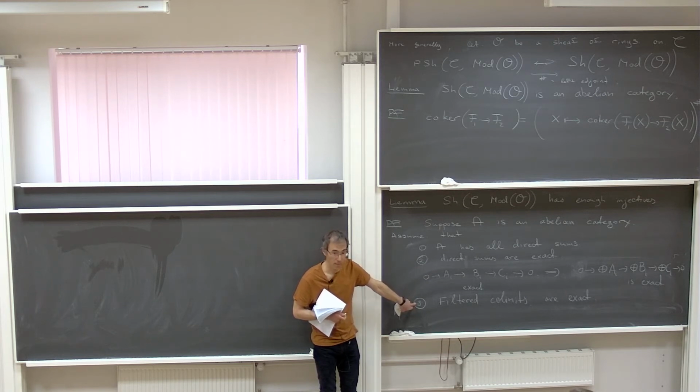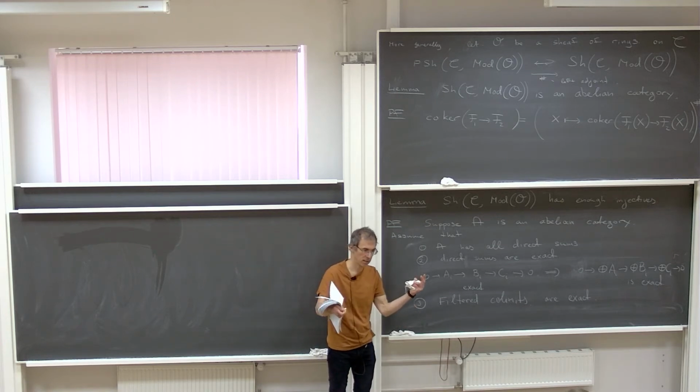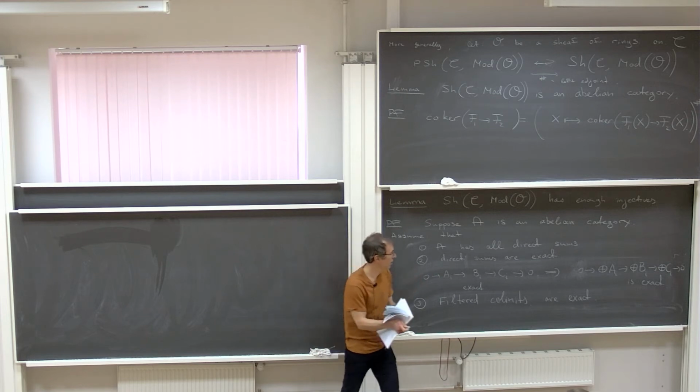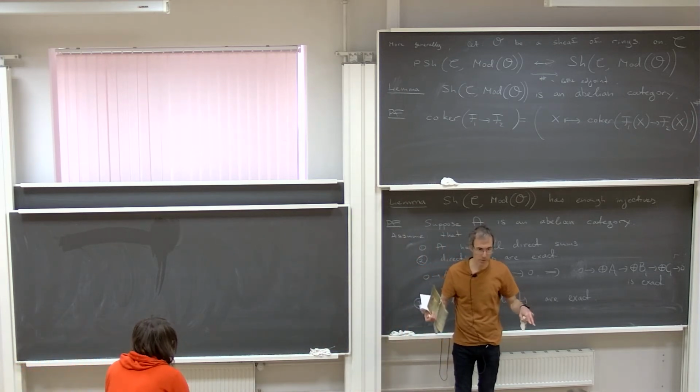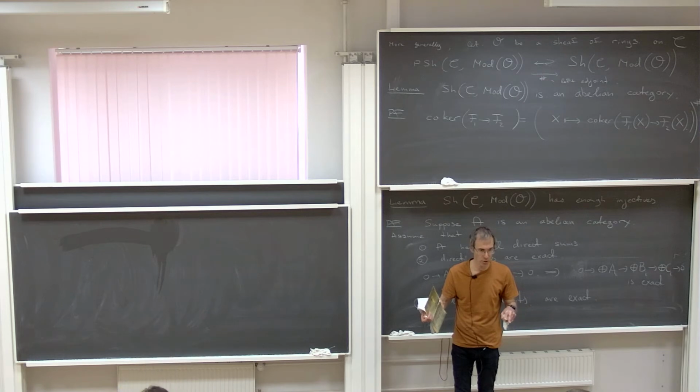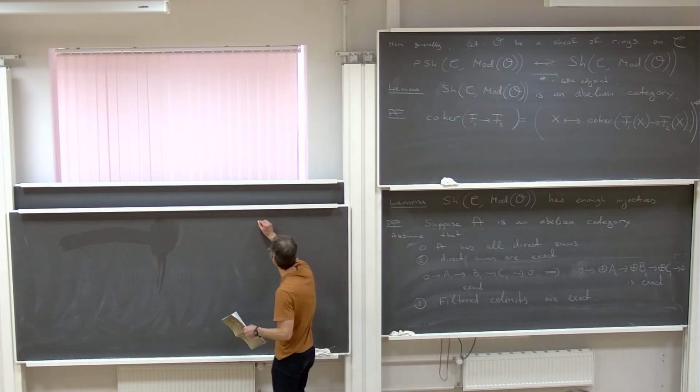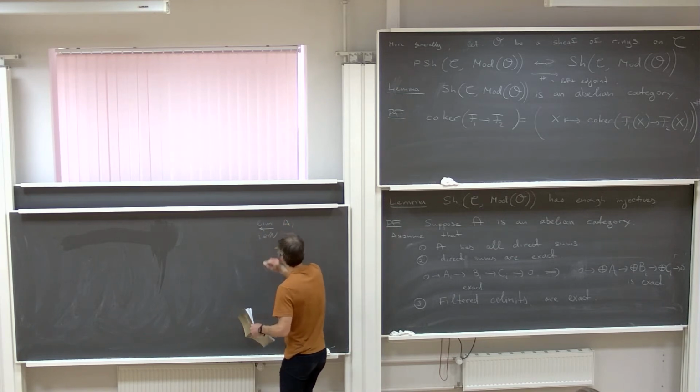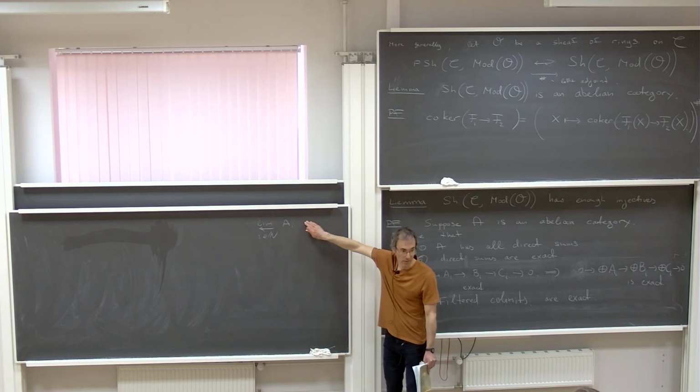For abelian groups, direct limits, colimits, are an exact functor. But it is well known that the inverse limit over natural numbers is not an exact functor for abelian groups.